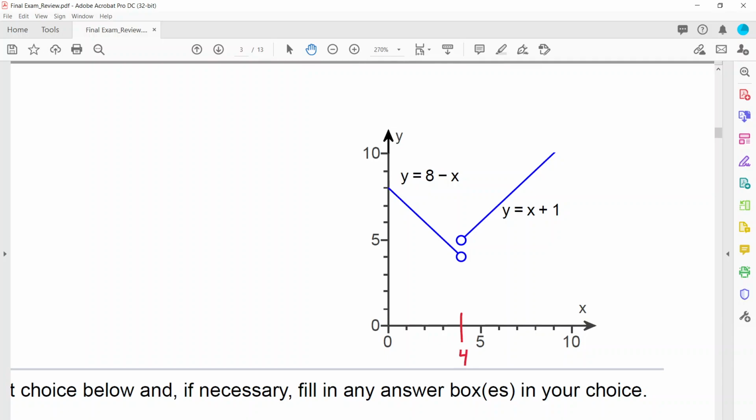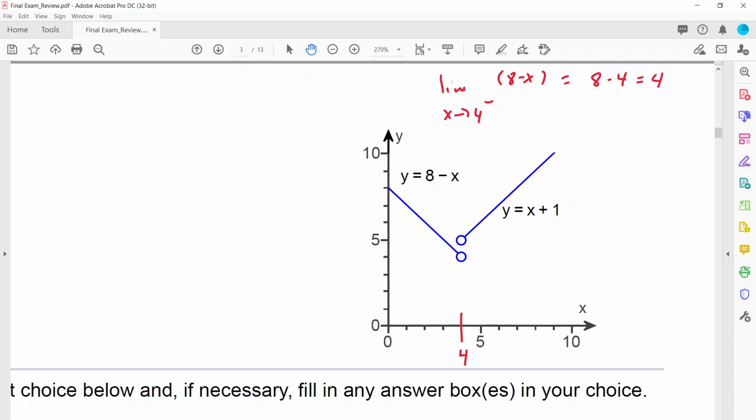From the left side you use this function, which is 8 minus x. So you just have to plug in x equal to 4 here, that is 8 minus 4, which is 4.